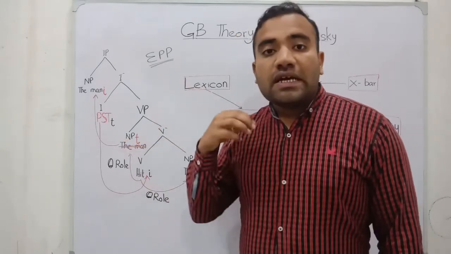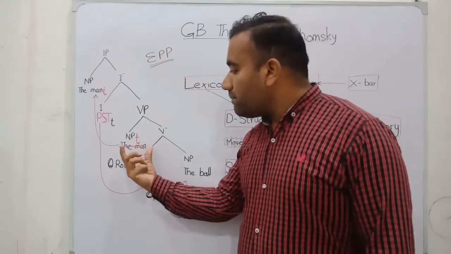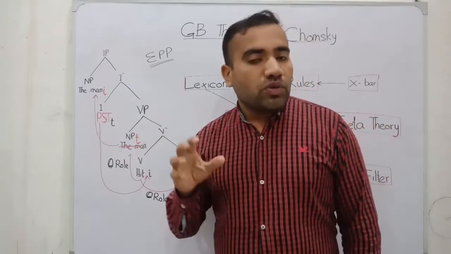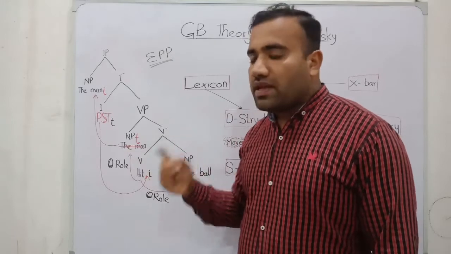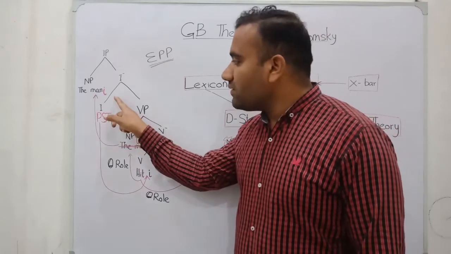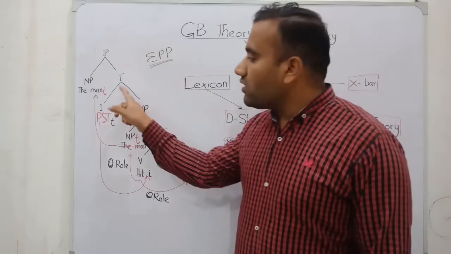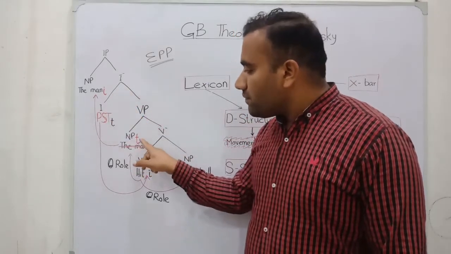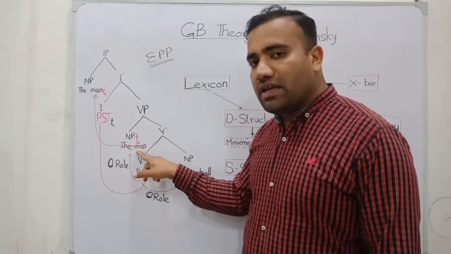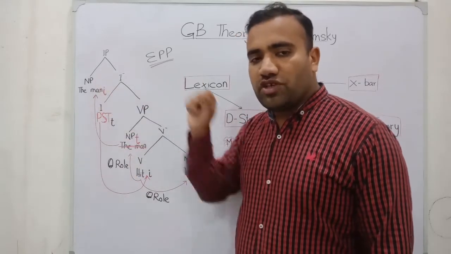And we must assign case to the NP, and the man at this place doesn't yet have any case, and it needs case. This I bears the EPP feature, and this EPP feature triggers, it motivates this NP and takes this NP to its specifier position.